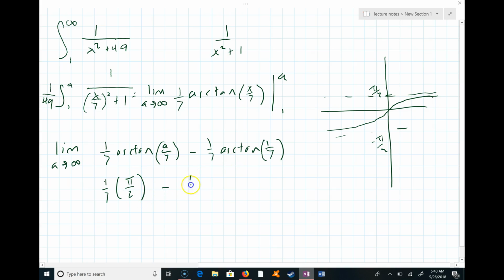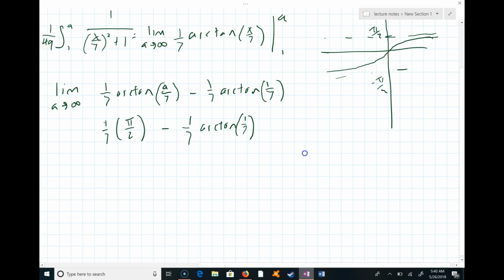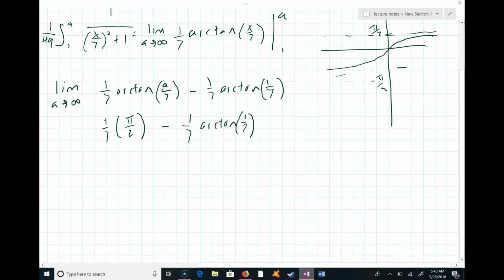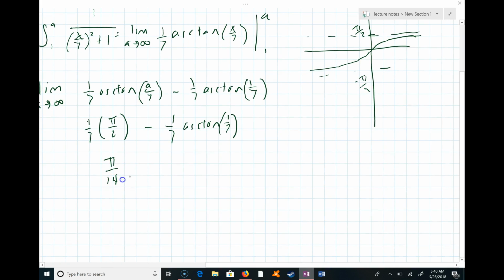And that thing is just 1/7 arctan 1/7, because as a approaches infinity, that's not doing anything, it's just staying put. So our final answer here is pi over 14 minus 1/7 arctan 1/7.